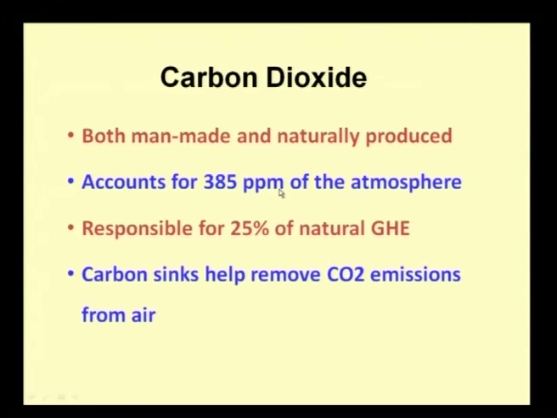Carbon dioxide accounts for 385 ppm, parts per million, of the atmosphere, and it is responsible for 25% of the natural greenhouse effect, and the carbon sinks help remove the carbon dioxide emission from the air.